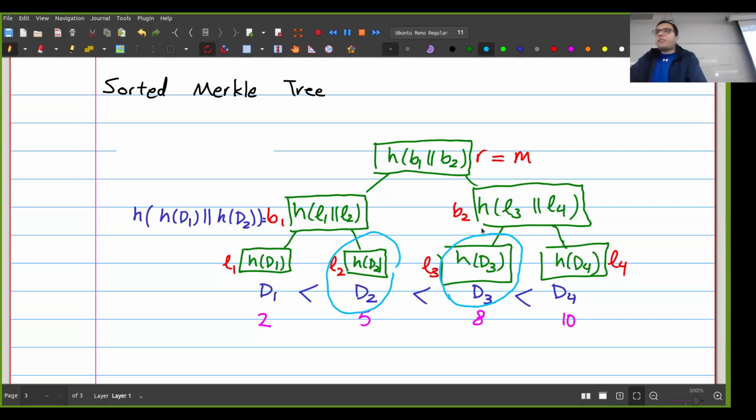But that's leaking 5 and 8. That's leaking some information, and maybe I don't want to do that. Maybe I just want to prove that a particular number is not in the tree, but I don't want to leak any information about the numbers or the data that are actually in the tree. Can I do that?